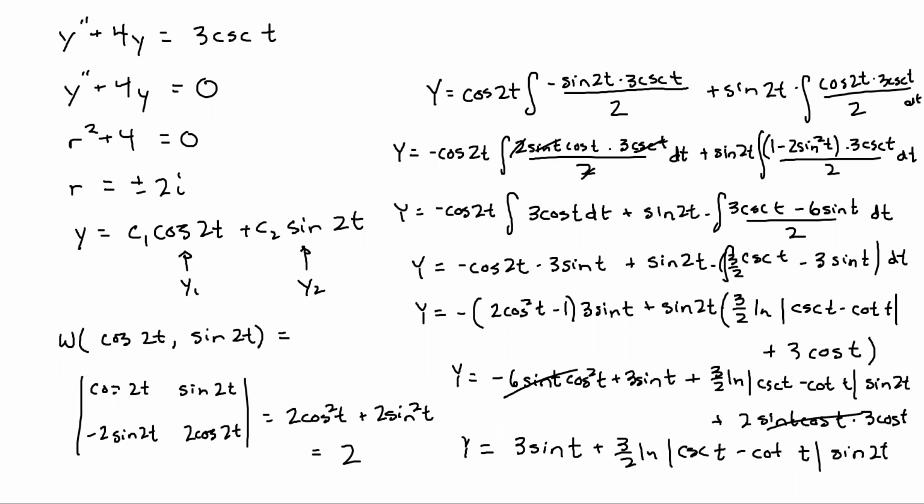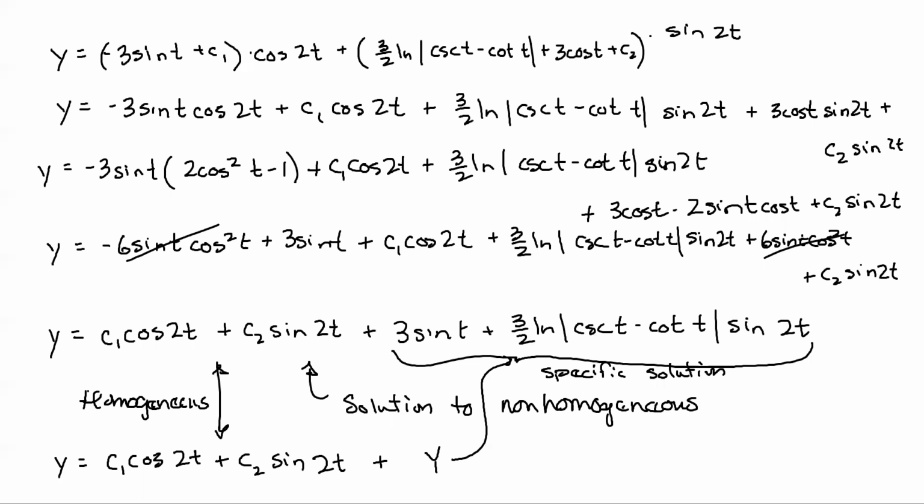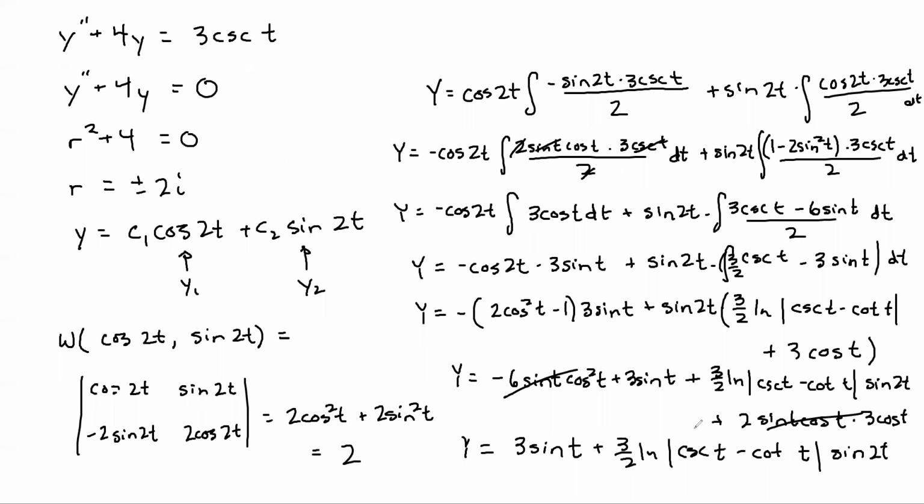And is that what we got earlier? Let's take a look. That sounded awfully familiar. We got 3 sine t, 3/2 natural log cosecant minus cotangent sine 2t. I believe they are the same. Indeed, they are.